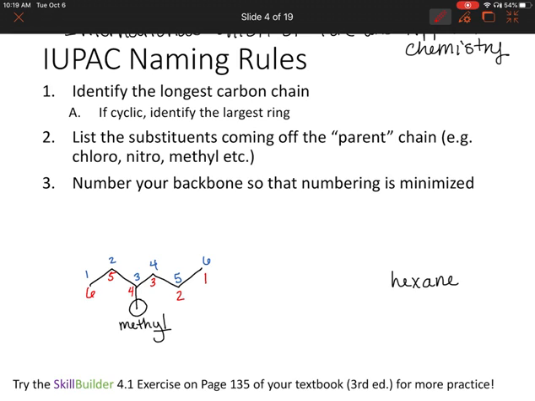So how do we indicate the location of that methyl group? We could either call it 3-methyl to say that it's on the 3rd carbon, or 4-methyl to indicate that it's on the 4th carbon. So IUPAC decided that you should always pick the lowest number possible for your substituents. So we're going to pick 3-methyl.